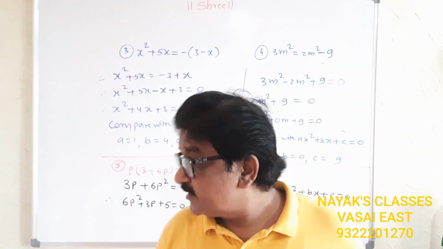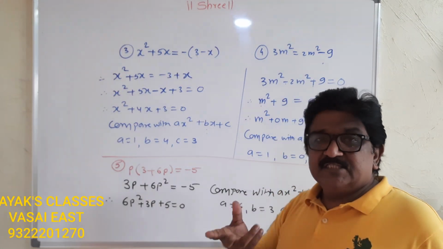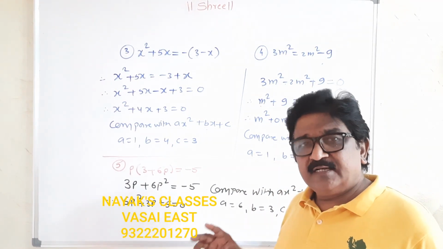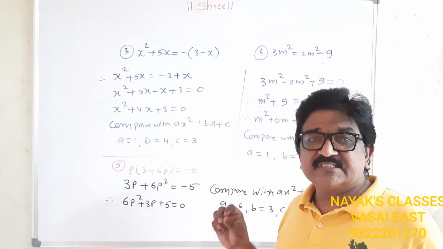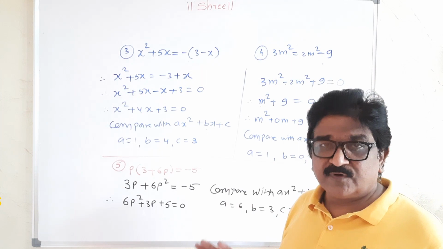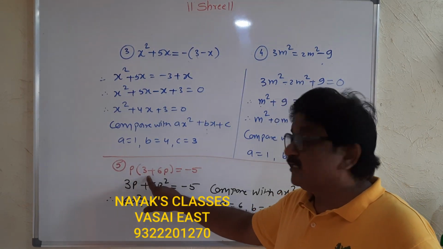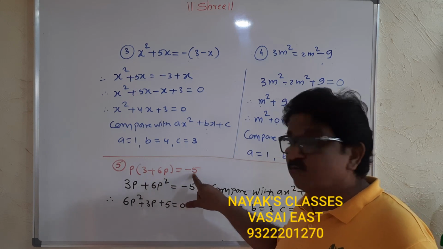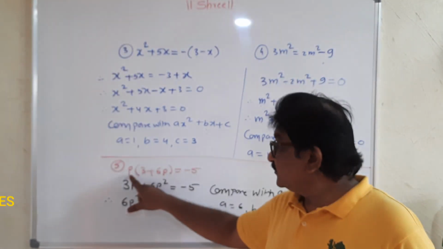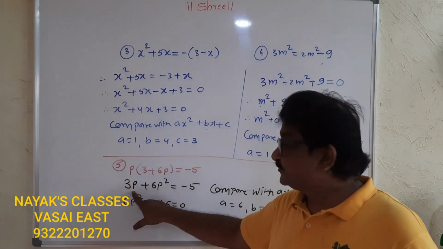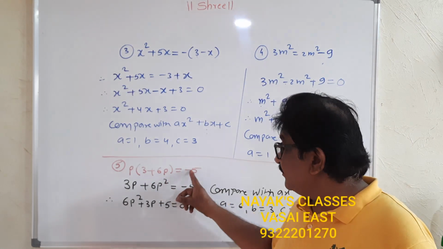And next one is the fifth example. They have reshuffled the things and given to you to make it ax square plus bx plus c is equal to 0 in this form. So p into bracket 3 plus 6p is equal to minus 5. Opening the bracket, 3 into p is 3p, p into 6p is 6p square, and minus 5.